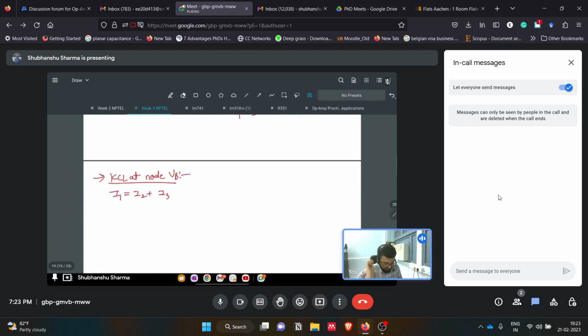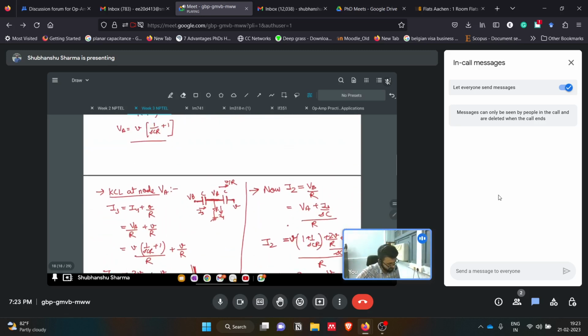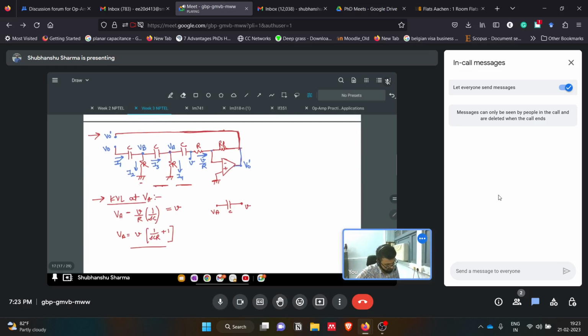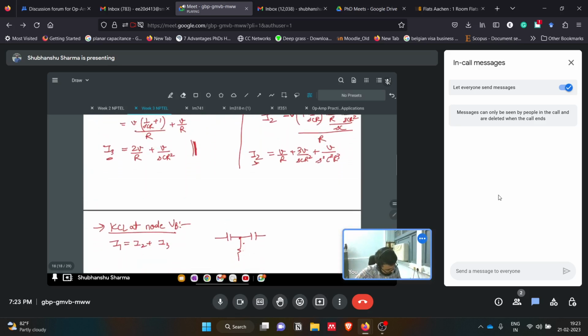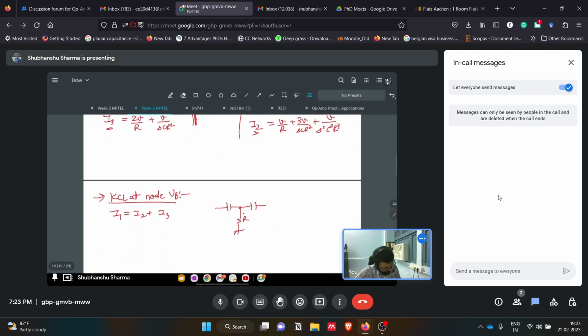I will draw the KCL node VB here. So it is like this. So we are simply moving through the previous RC circuit. First we solve for this one, then this, then this. Step by step we are going. So this is R, this is R, this is grounded.